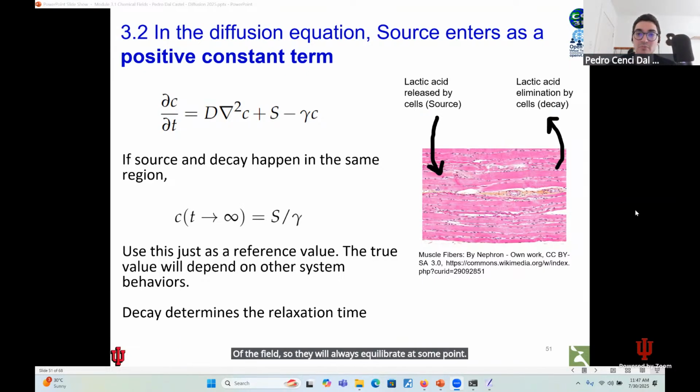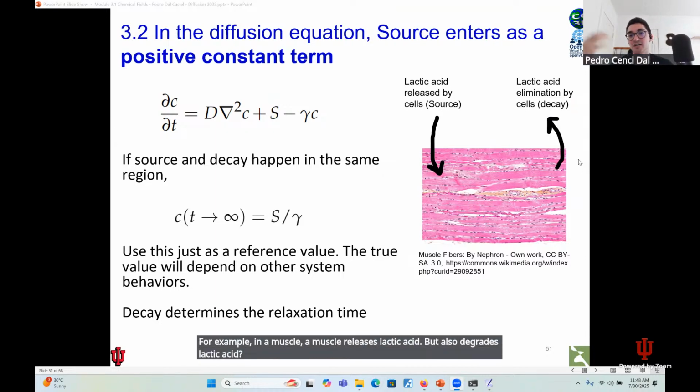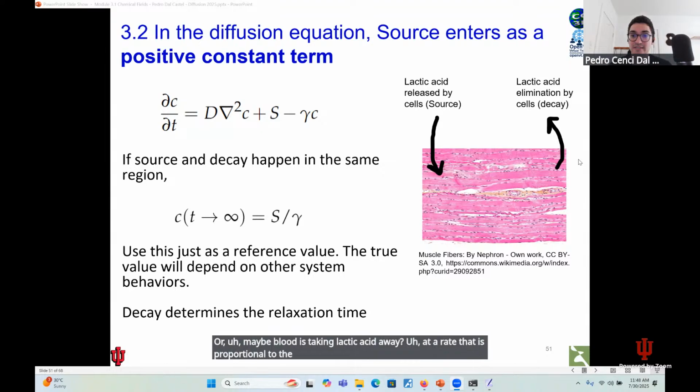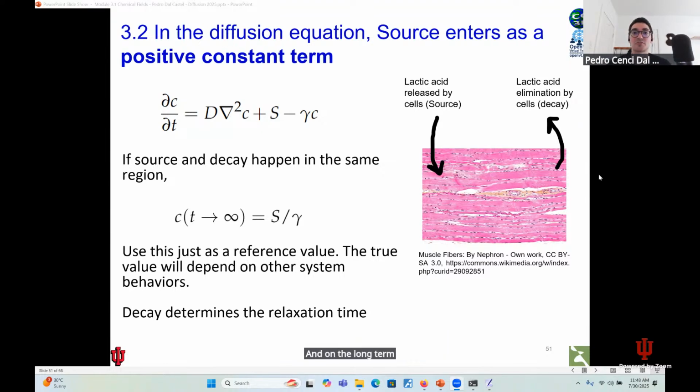For example, a muscle releases lactic acid, but also degrades lactic acid, or maybe blood is taking lactic acid away at a rate that is proportional to the concentration of lactic acid. And in the long term, the concentration of lactic acid in muscle stabilizes. So the steady state is given by S over gamma.